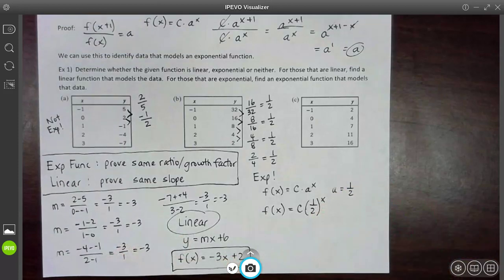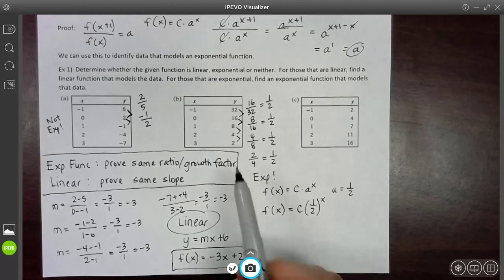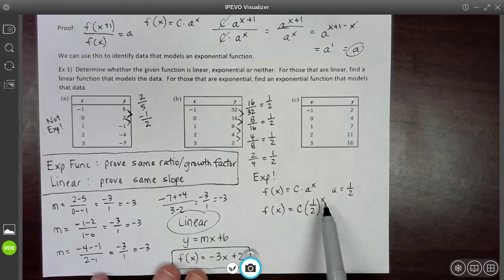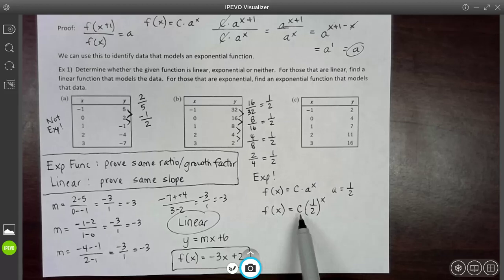So now you need c. What was the initial start value of this data? Well, remember, there's two things you could do. You could pick any data point. You could pick 1, 8, plug 1 in for x, 8 in for y, and you could solve for c. But remember, c always happens when x is 0. At your initial start time, what was that initial value?